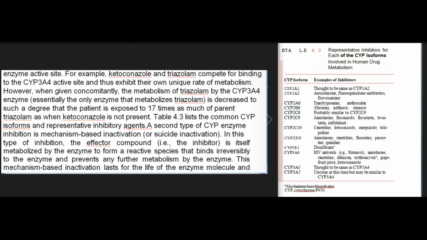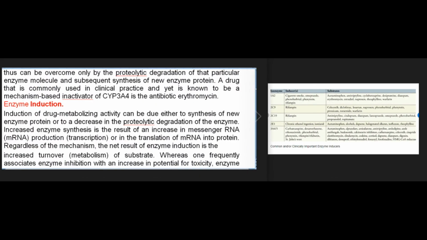This mechanism-based inactivation lasts for the life of the enzyme molecule and thus can be overcome only by the proteolytic degradation of that particular enzyme molecule and subsequent synthesis of new enzyme protein. A drug that is commonly used in clinical practice and yet is known to be a mechanism-based inactivator of CYP3A4 is the antibiotic erythromycin. Enzyme induction.